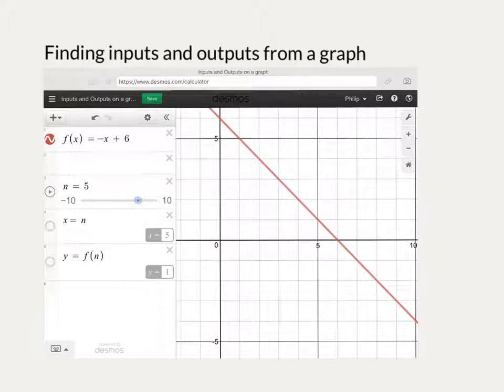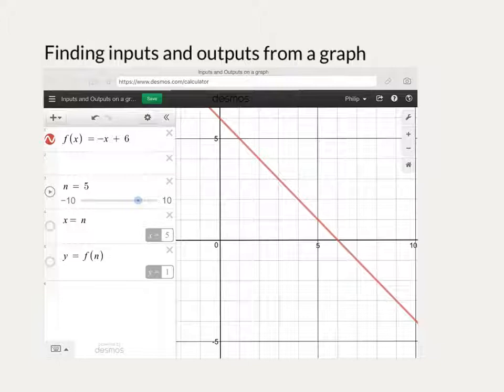If I plug 5 into my function, I should get negative 5 plus 6, which is 1. So I put a point at input of 5. The output should be 1. Every single point on this line obeys that rule, so they're all input-output pairs.